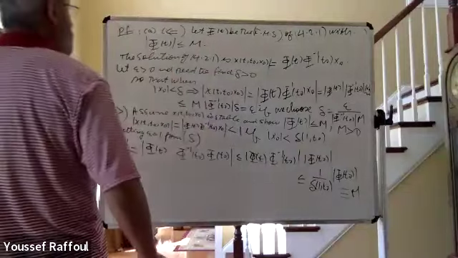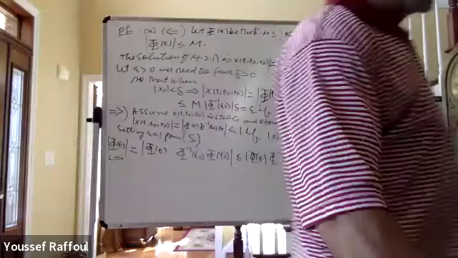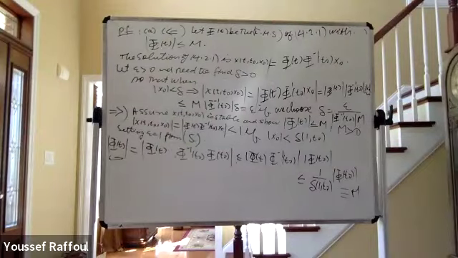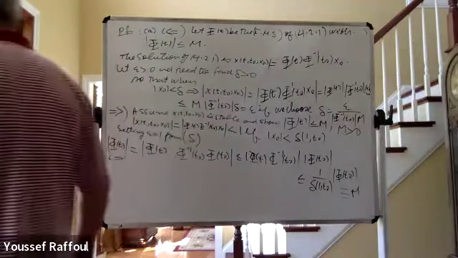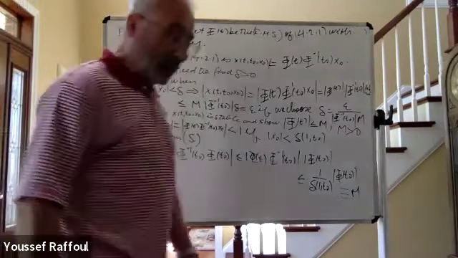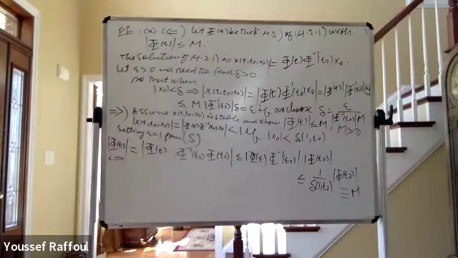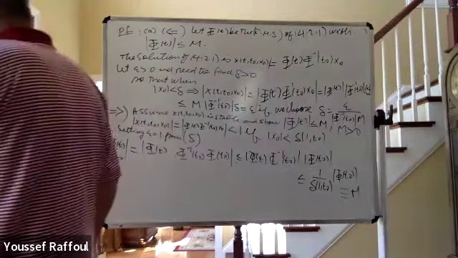So all you need to show is that the fundamental matrix solution is bounded, and that should tell you that the solution is stable. But this is if and only if stable. I will prove part B a little bit faster. So take a look at it.